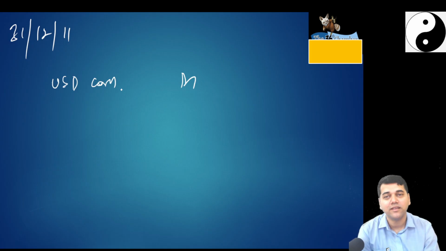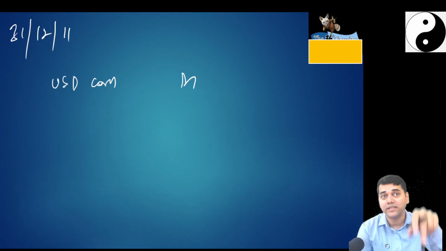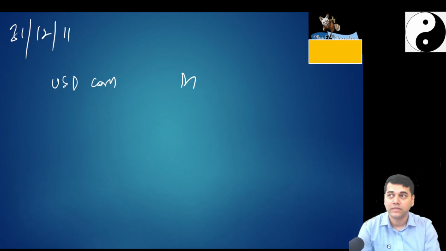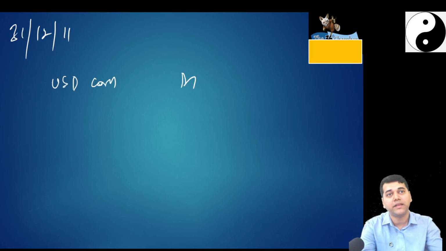Now, is my accounting entry going to happen in dollar or INR? INR, because this is Ind AS 21 which is now applicable. There are two entries. One entry happens in the base currency, another is happening in the functional currency. So I have to pass the entry in rupees now.